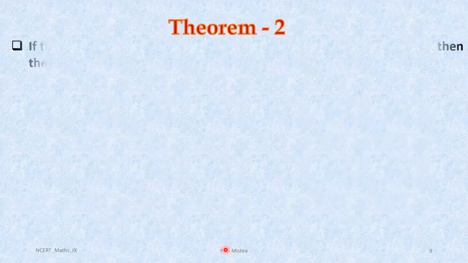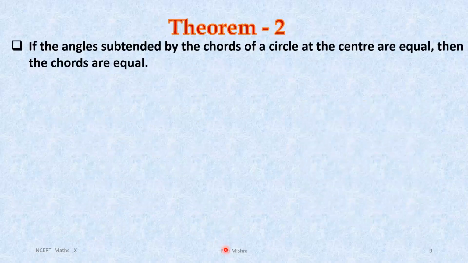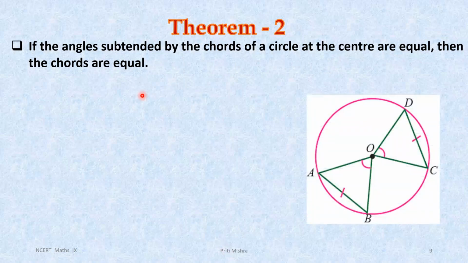Now let's have another theorem. The statement of the theorem is: if the angles subtended by the chords of a circle at the center are equal, then the chords are equal. So let's find out what is given in the question.